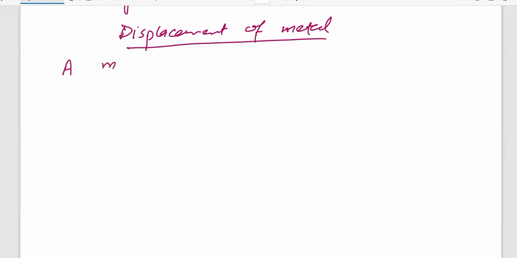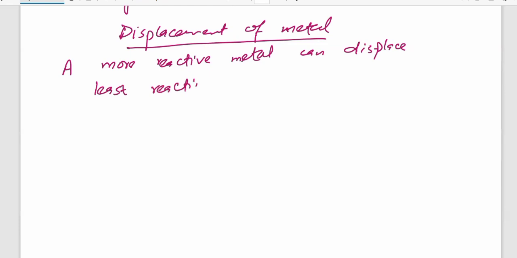A more reactive जो मेटल होती है वो लीस्ट रिएक्टिव मेटल को निकाल देती है, can displace least reactive metal from its salt solution, from its salt solution.